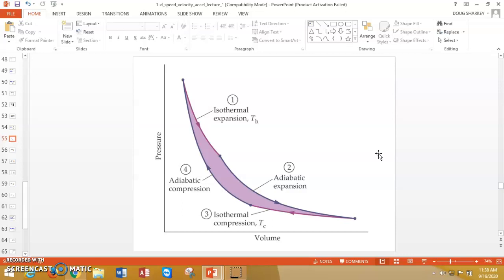And this is what happens. You have isothermal expansion, and then adiabatic expansion, and then an isothermal compression, and then an adiabatic compression.